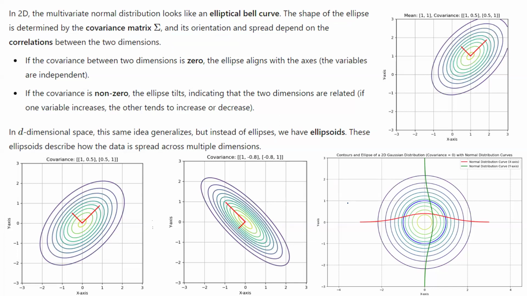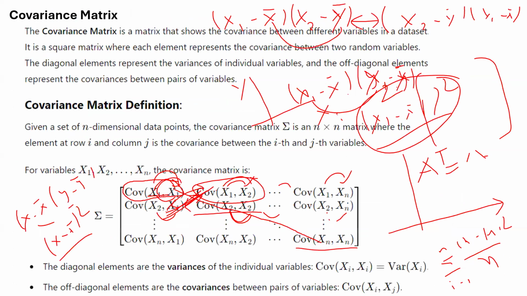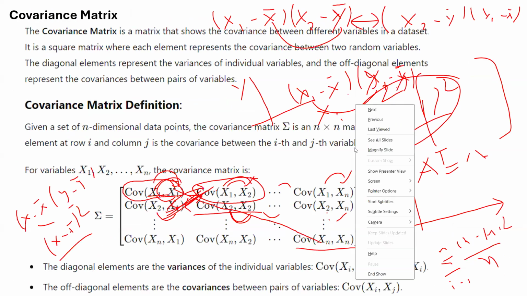Both are positive. If one variable increases, the other variable also increases. That is what positive covariance is. What is negative covariance? If one increases, the other decreases. That is what negative covariance is, right? Positive covariance and negative covariance we studied somewhere here.